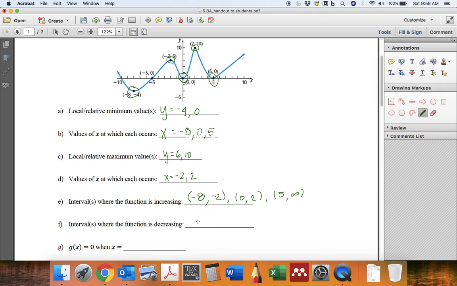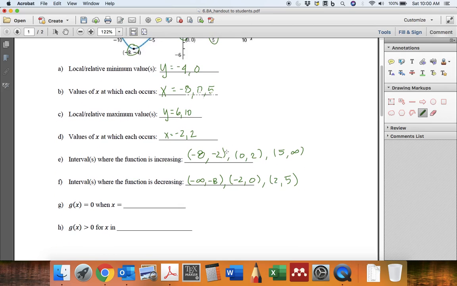The function is decreasing on -infinity up to -8, from -2 up to 0, and from 2 to 5. Then if the online system asks you to use interval notation, you'll write this with the unions. But if it says to separate intervals with commas, then separate intervals with commas.